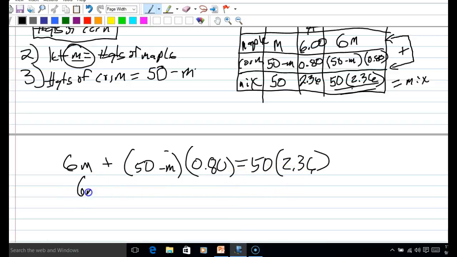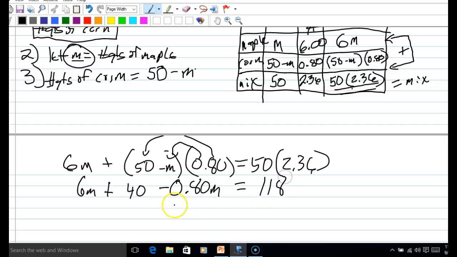So that's 6M, and I need to distribute this quantity. So 0.80 times 50 is equal to 40 minus 0.80 M is equal to 50 times 2.36, which is $118. So collect my like terms here.